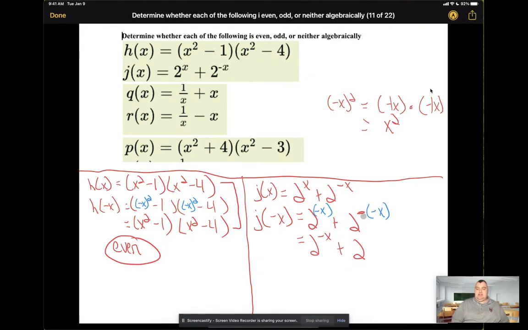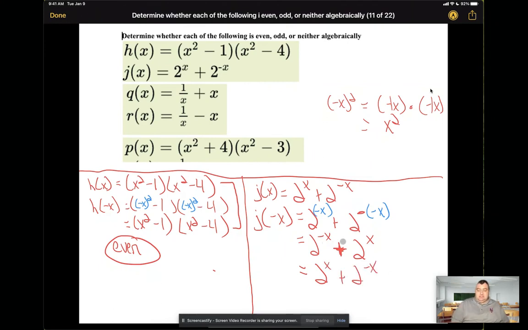What do you think negative negative means? That's a double negative, which makes it positive. So this becomes 2 to the positive x. Now, when I compare this to up here, it may not look exactly the same. However, because the terms are being added, I can switch the order of the terms and it doesn't change the value.